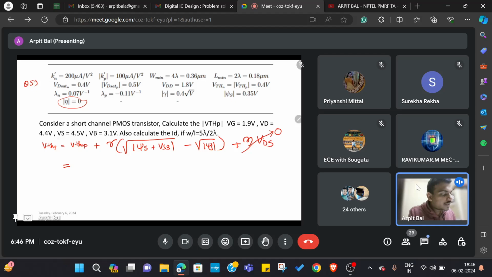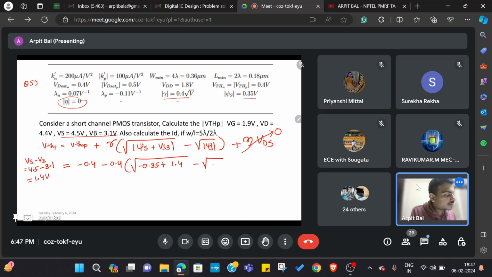We are given that VTH naught P is minus 0.4, and gamma is minus 0.4. Square root of mod psi s, where mod psi s is 0.35, so minus 0.35 plus VSB. VSB is VS minus VB, which is 4.5 minus 3.1, that is 1.4 volt.